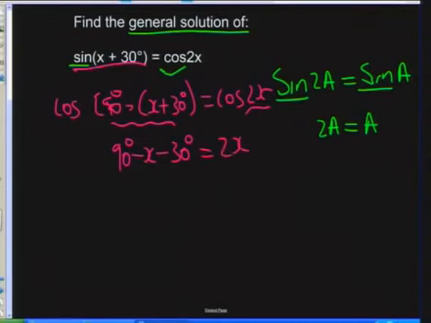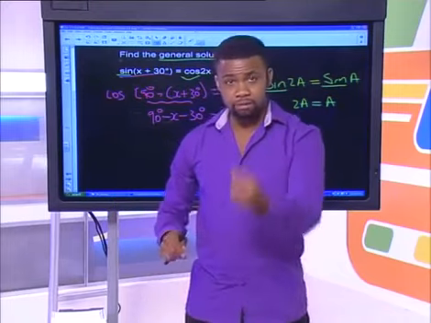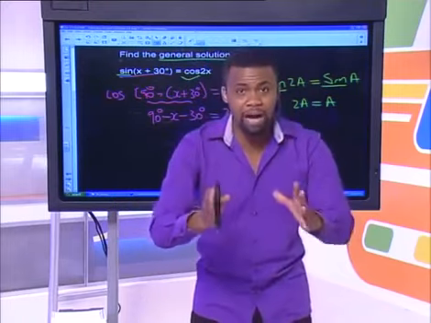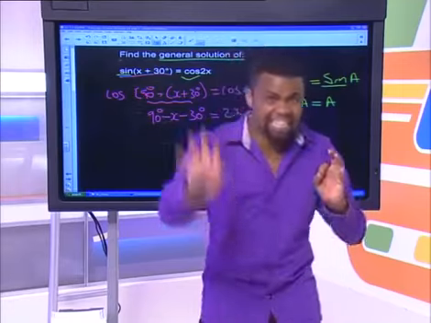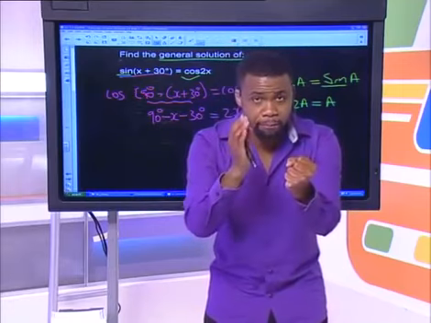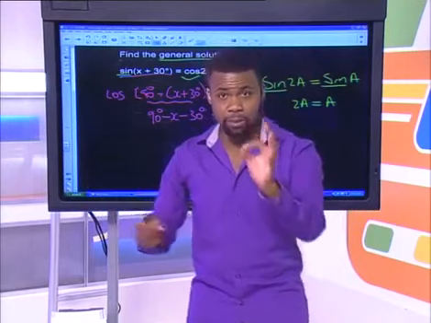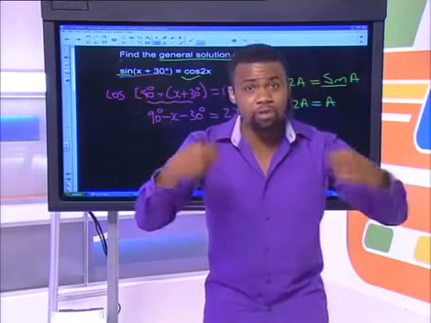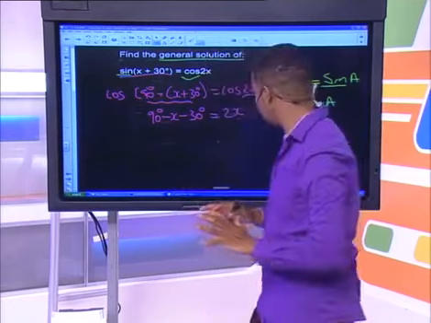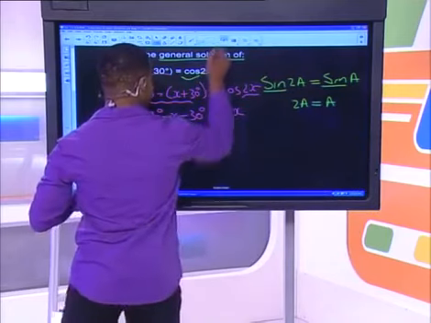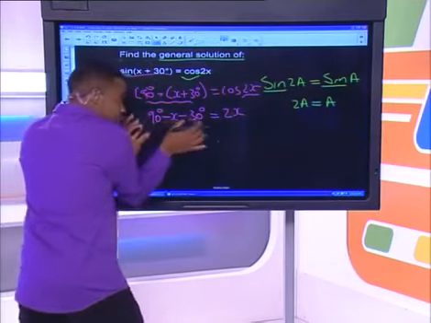Great. What is the general solution for cos? If you have the key angle, you just take plus minus the key angle, plus k times 360. And remember, k is an element of the integers. From here, this is like my theta.